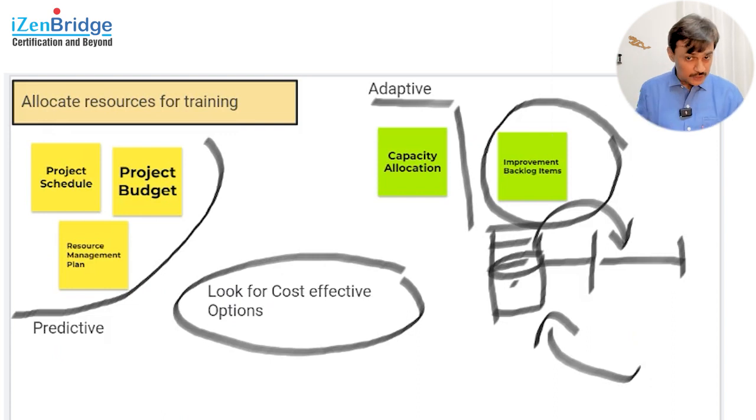So whenever you deal with a question, you need to see whether you are putting in the right judgment. Cost effective doesn't mean going for low quality. You will ensure whatever the need of the training is, based on that training expectation and quality expectation, I need to find the best option for my project team. So be careful when you are choosing the options.